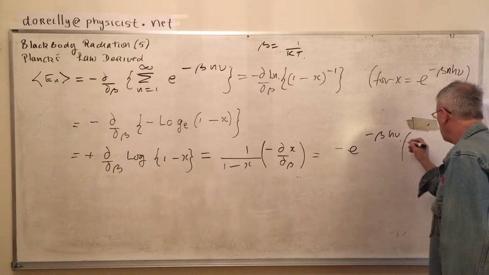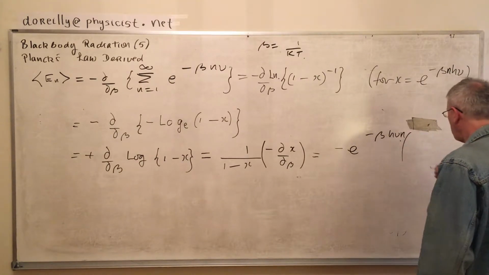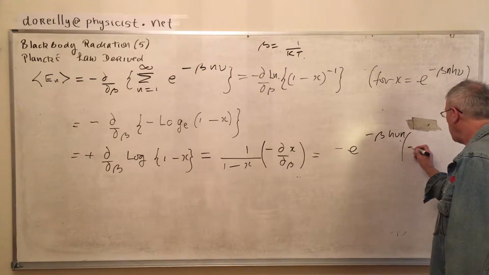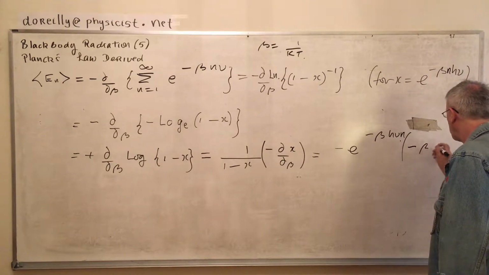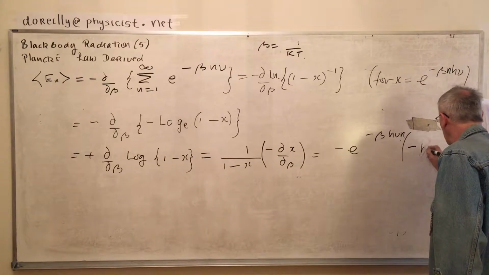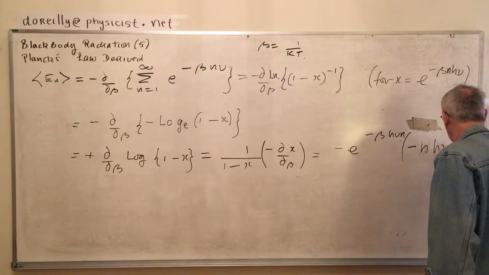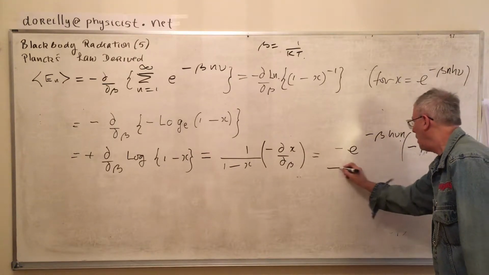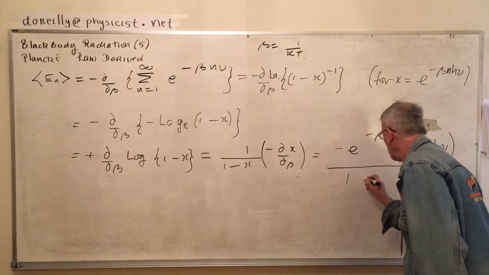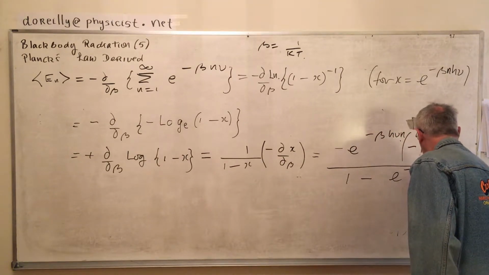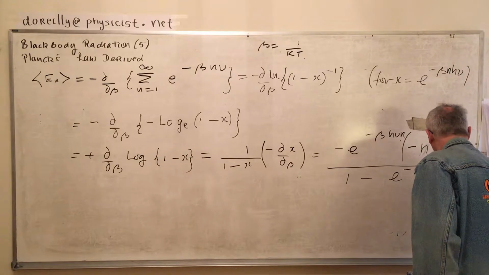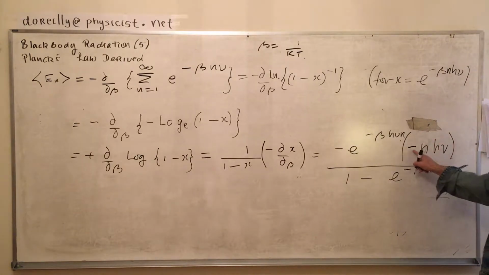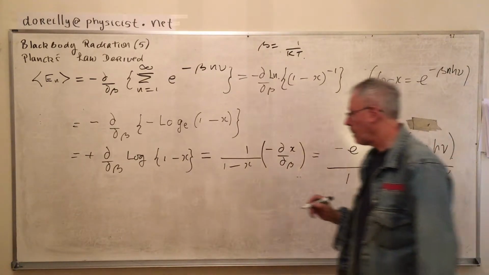Yeah, so there's an n there. Take the derivative and I get minus n h nu all over 1 minus e to the minus beta n h nu. So far, so good. Minus times minus gives me plus.